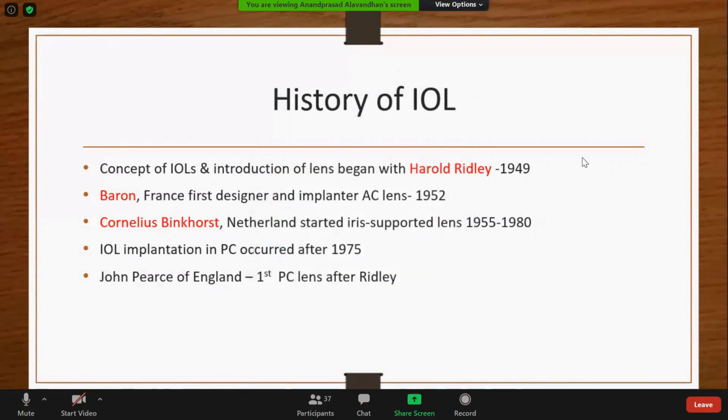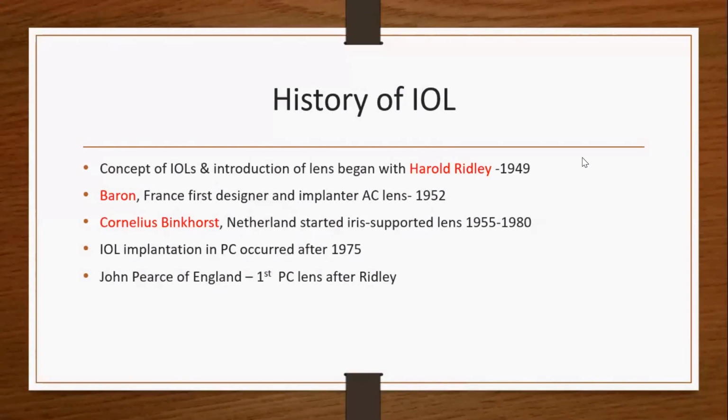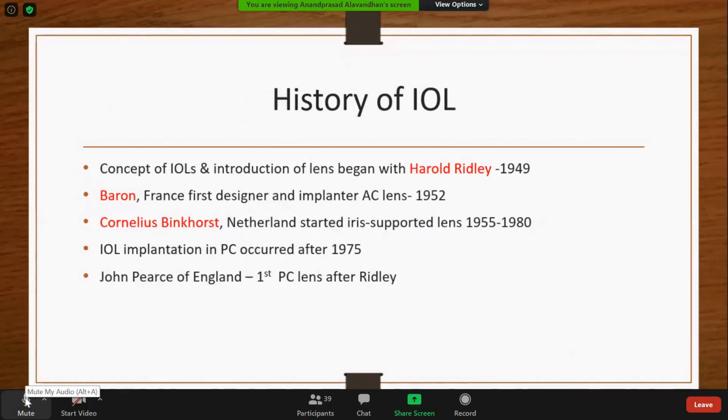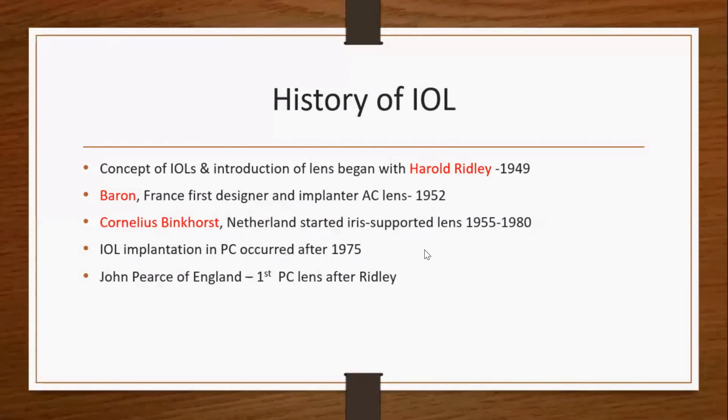After Harold Ridley, many of the doctors did not practice the posterior chamber lens for 3 years. So in the year 1952, Dr. Boron, a French scientist and doctor, implanted the anterior chamber lens. After Dr. Boron's experiment, many doctors started doing anterior chamber lenses from 1952 till 1980.